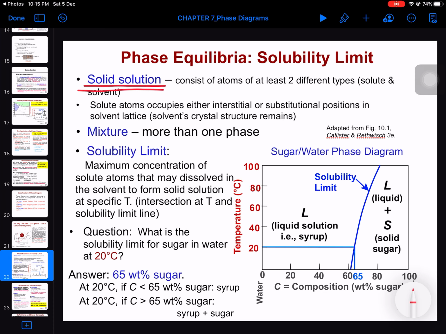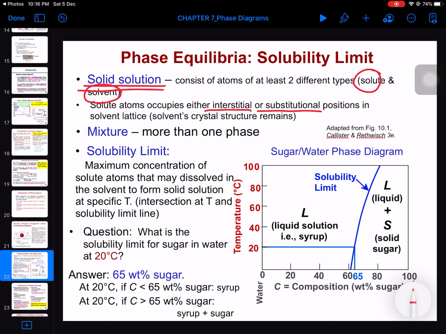A solid solution consists of atoms of at least two different types: the solute and the solvent. The solute atoms can occupy either the interstitial or the substitutional position in the solvent lattice. The solubility limit is the maximum concentration of solute atoms that may dissolve in the solvent to form a solid solution at a specific temperature.